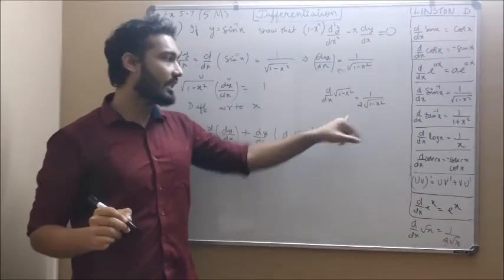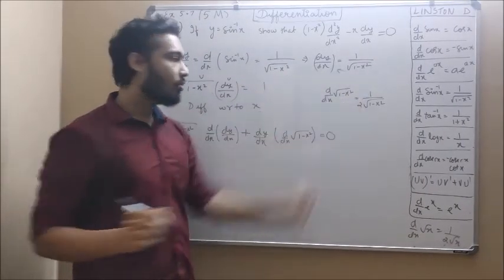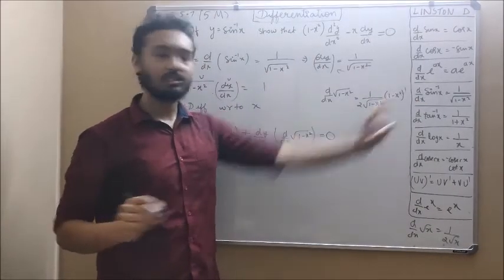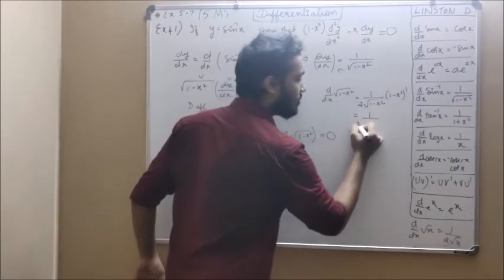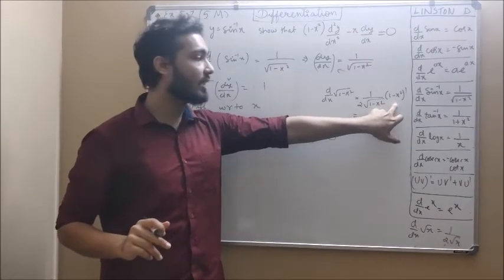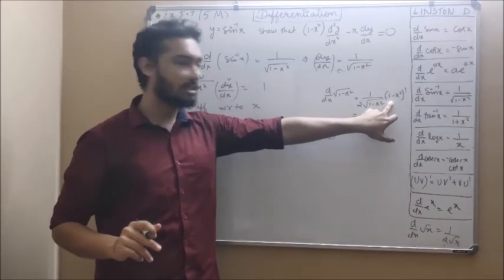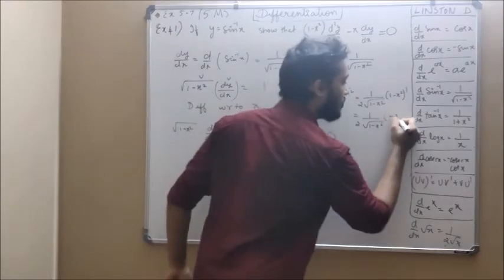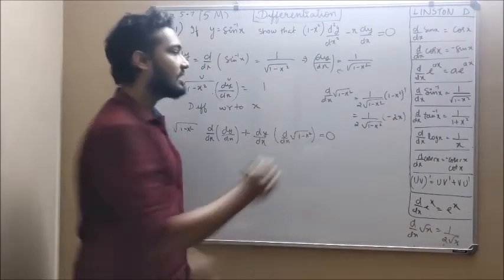Next we have to differentiate 1 minus x square. So what is the answer? 1 by 2 root of 1 minus x square. What is differentiation of 1 minus x square? Differentiation of 1 is 0, constant, minus differentiation of x square is minus 2x. So it is minus 2x. So this is the differentiation.